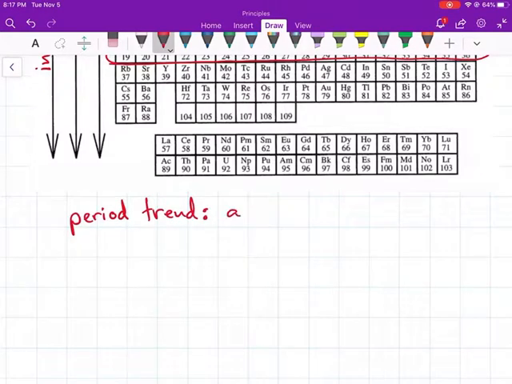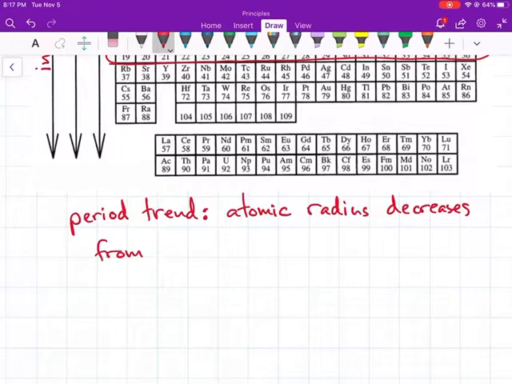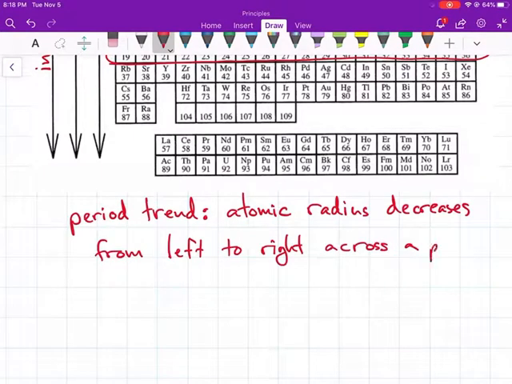Atomic radius, as you've already seen, decreases from left to right across a period.